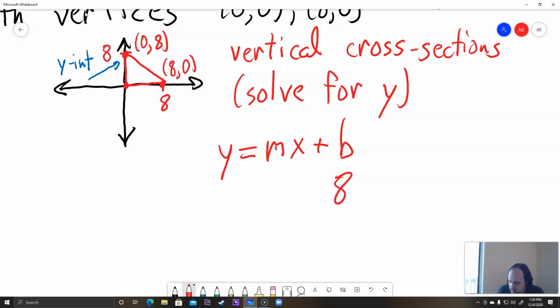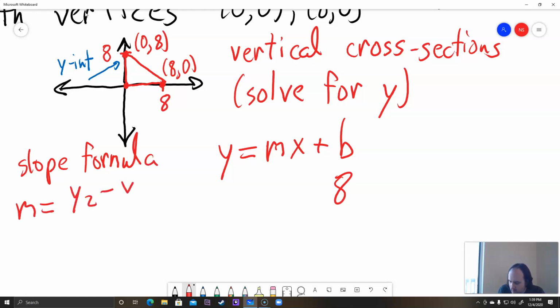Okay, so I don't know if you remember the slope formula, but the slope formula says m equals y2 minus y1 over x2 minus x1. So plugging in, we can label x1, y1 as 0, 8, and x2, y2 as 8, 0.